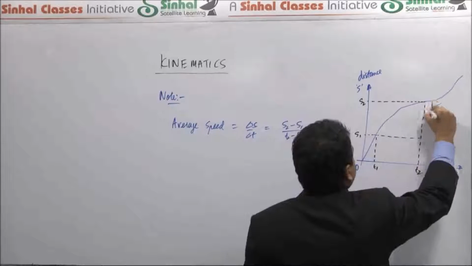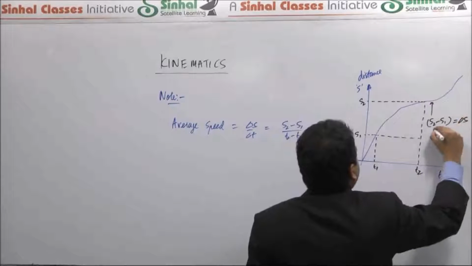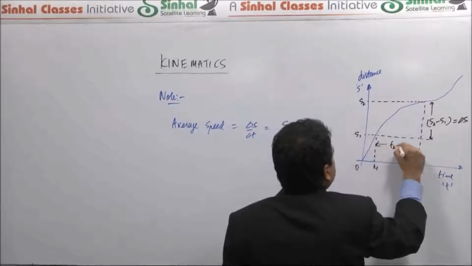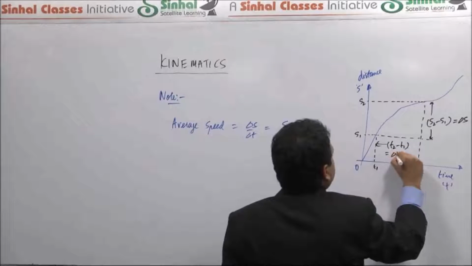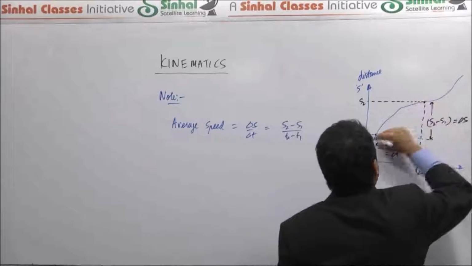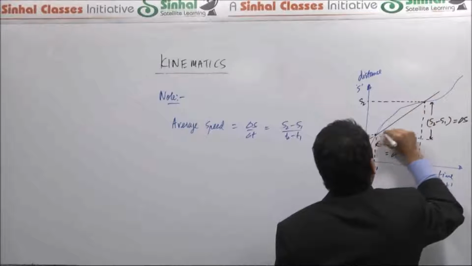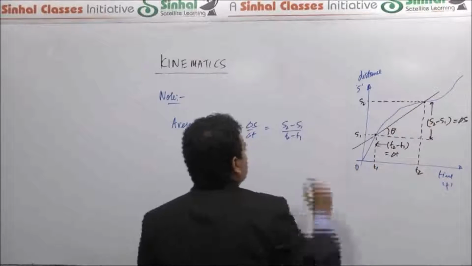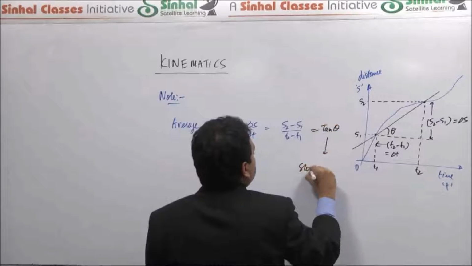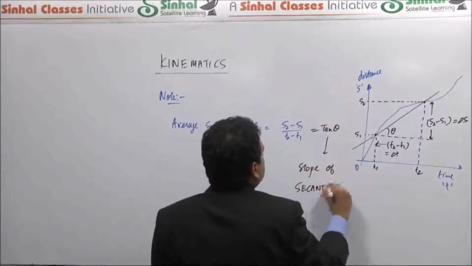You can see here that this is s2 minus s1, or delta s, and this here is t2 minus t1, or delta t. So that's the slope of the secant line.